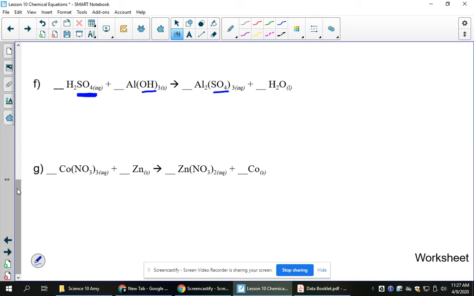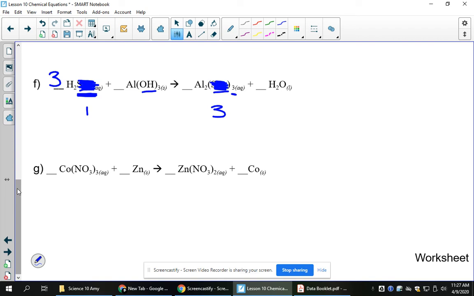So when I'm looking at balancing the SO4s, I'm actually going to cover it up. I see one SO4 there, and I actually see 3 SO4s here. See how I'm looking at the entire SO4 as one entity? That's what you want to do. Don't look at the S and the O separately. So I need to make 3 SO4s on the reactant side.